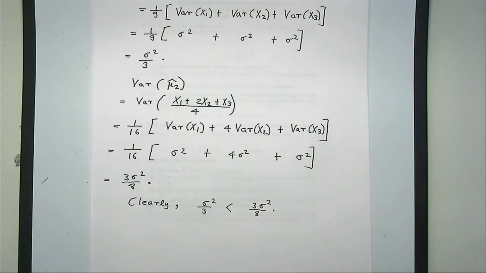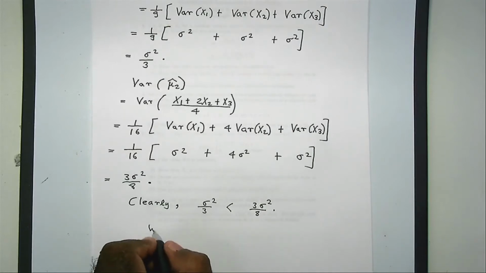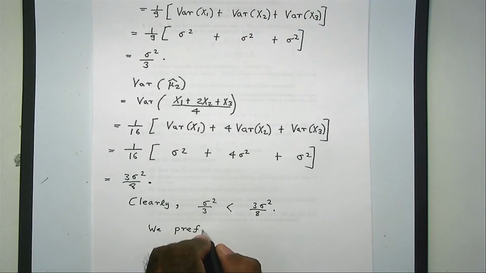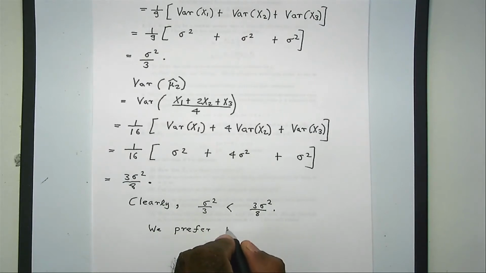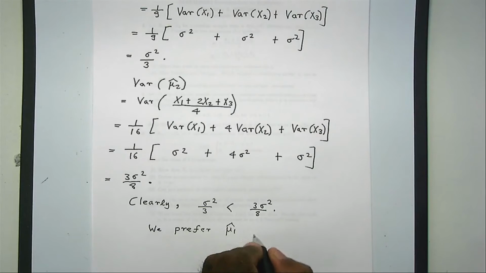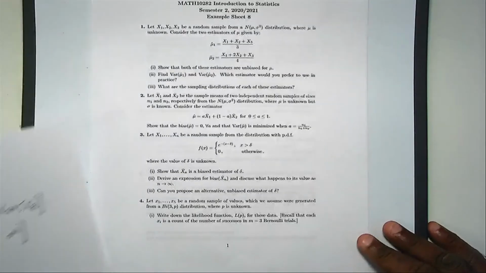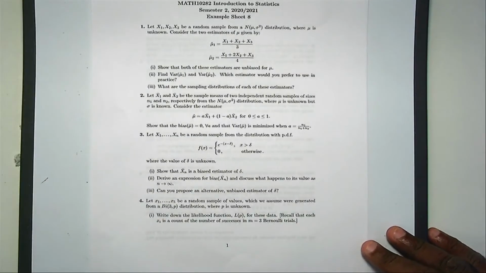So that means we prefer mu1 hat to mu2 hat. Okay. So that completes part 2 of question 1.